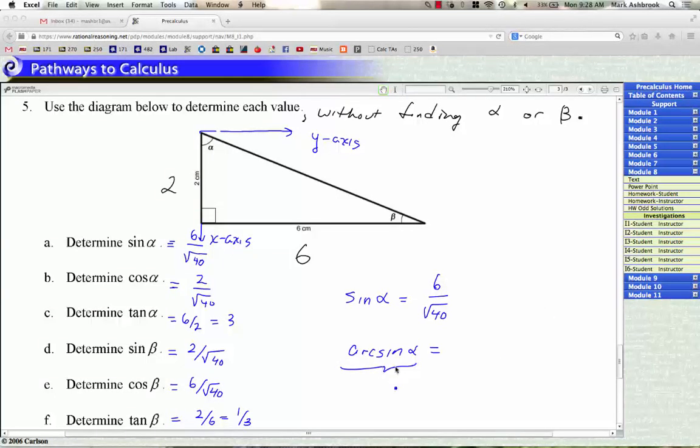So the range of this is, sorry, it's not arc sine of an angle, you don't put an angle in, right? Arc sine of a ratio, and so we know the range is from negative pi over 2 to pi over 2.